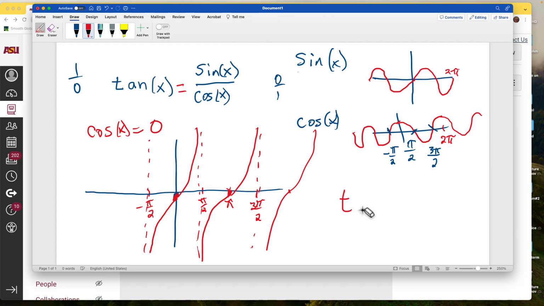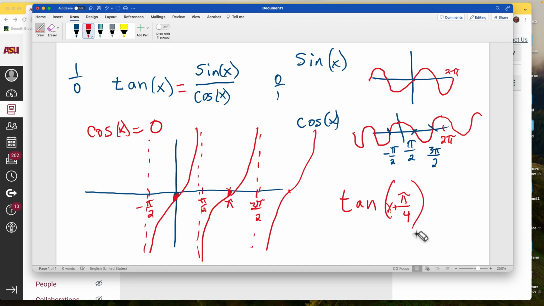What they will do is then say, well, what would tangent of pi x plus pi over 4 look like? Well, if I add something inside of a function, what does it do to the function? Moves it left or right. If it's adding, it moves in the negative direction. If it's subtracting, it moves it in the positive direction.